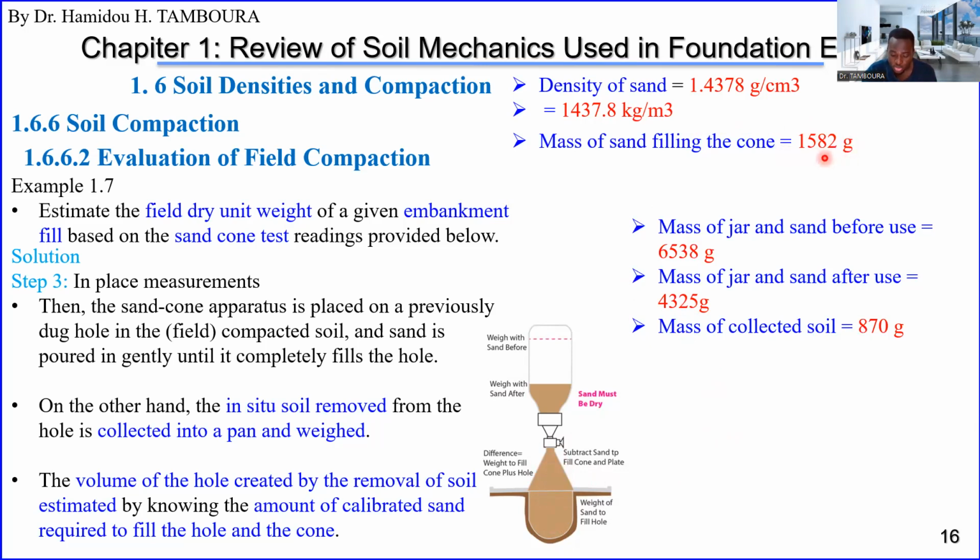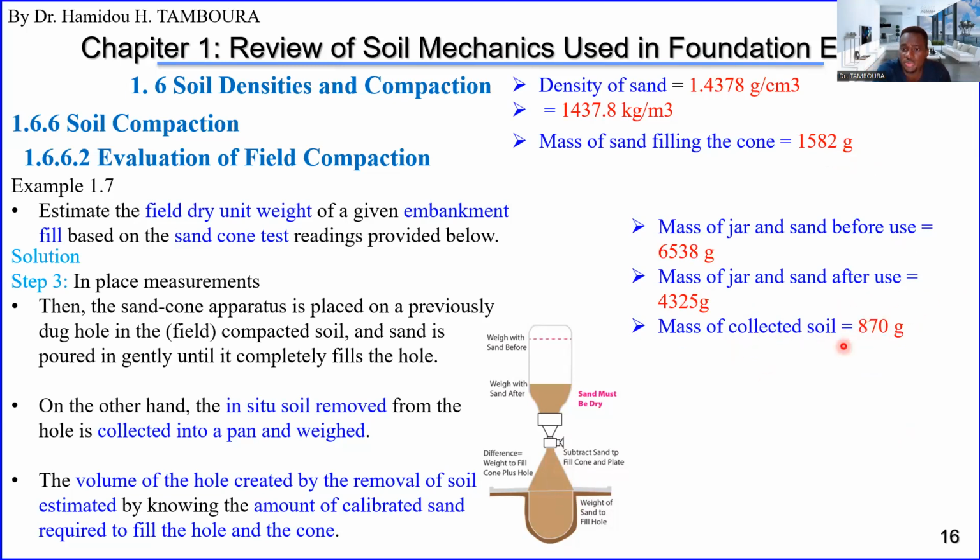So you do minus 1,582. You will obtain about this mass of collected soil. This mass is not the mass of this one, okay?